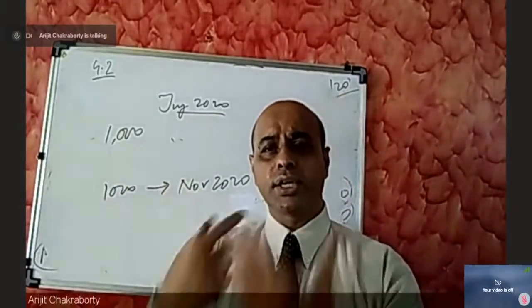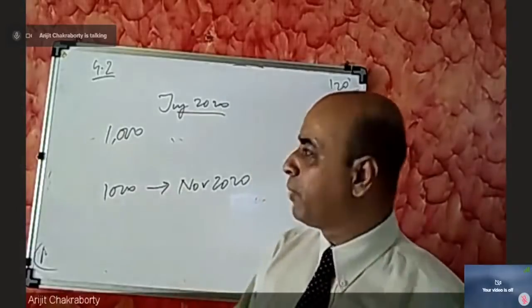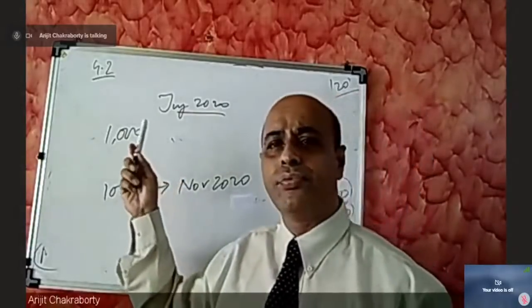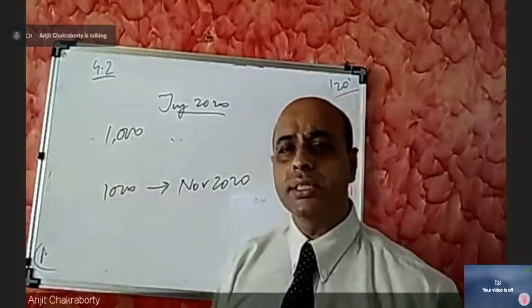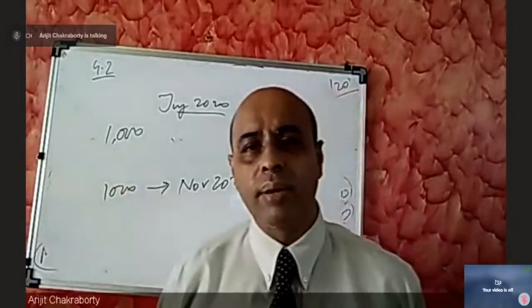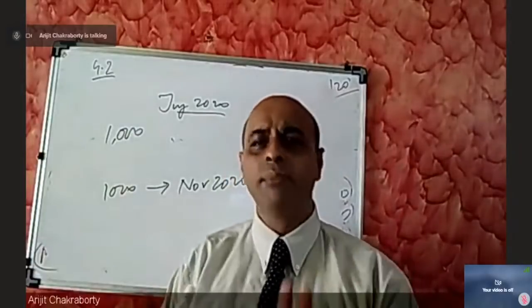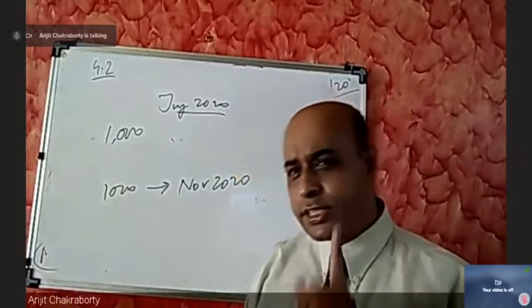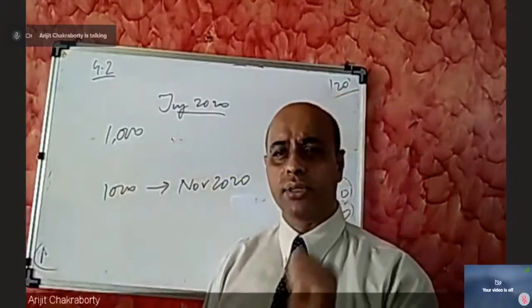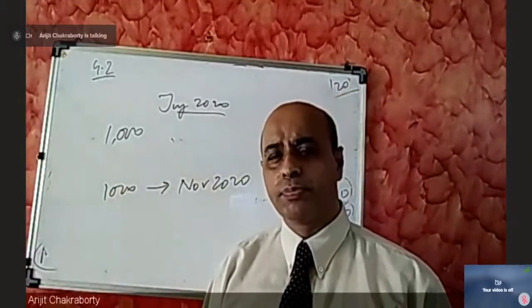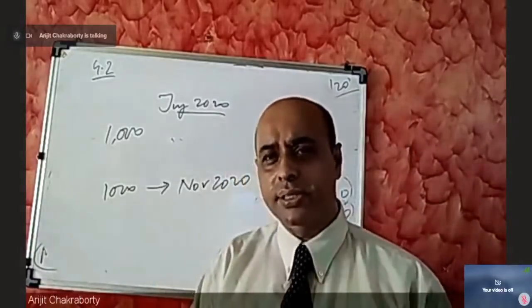I am giving you an assurance that either I will pay you 1,000 rupees in the last week of July, or I will pay you 1,000 rupees in the first week of November. Does it make a difference to you? In both the cases, you are going to get 1,000 rupees. But is there a difference?